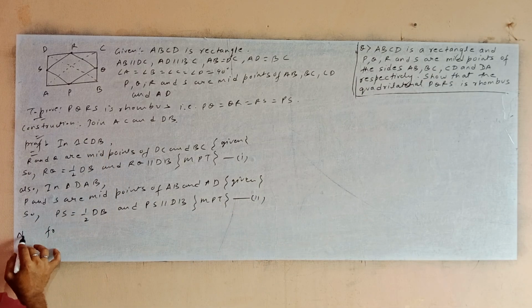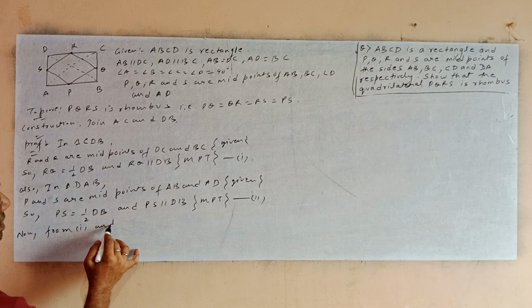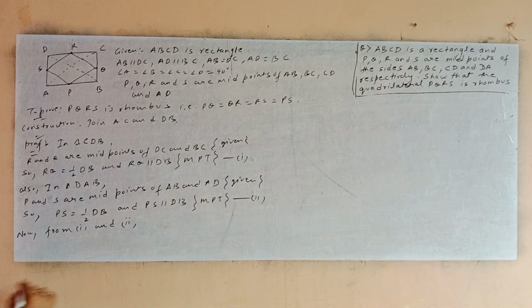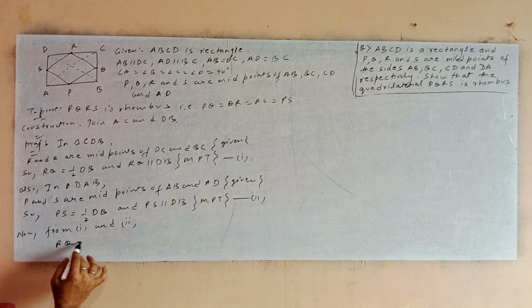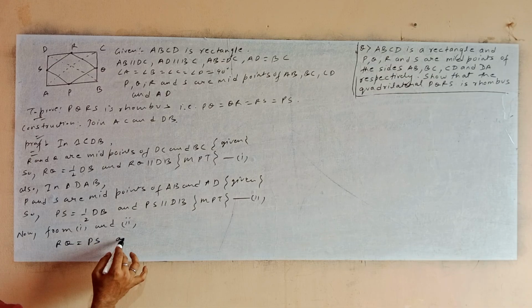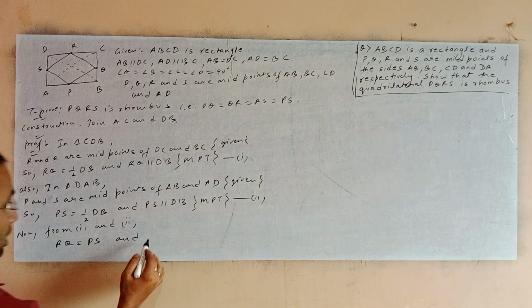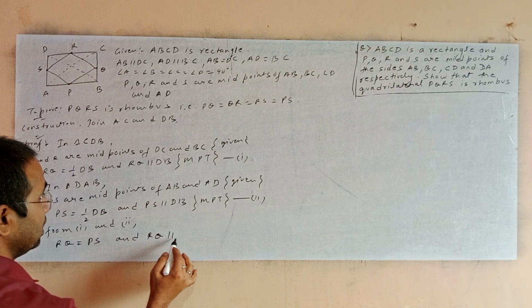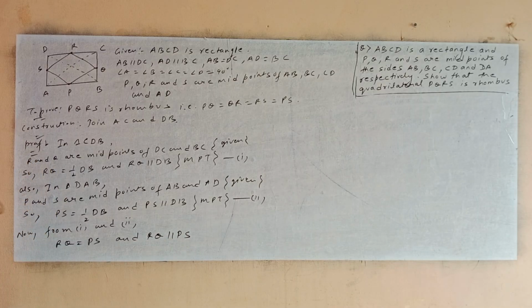Now from first and second, what will happen? RQ is equal to PS and RQ is parallel to PS. This will happen.